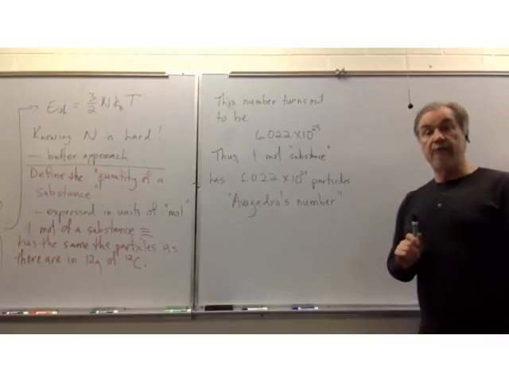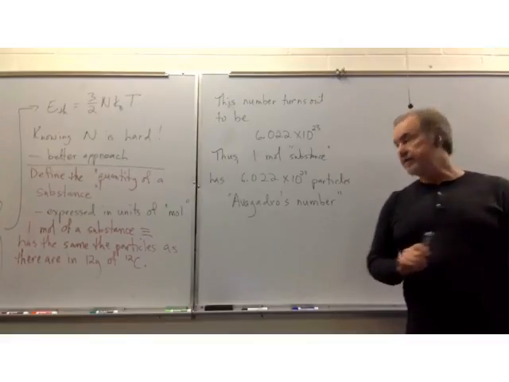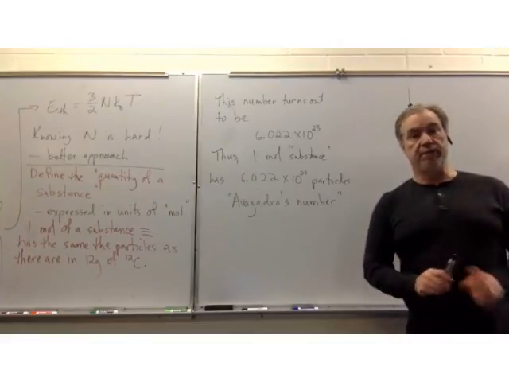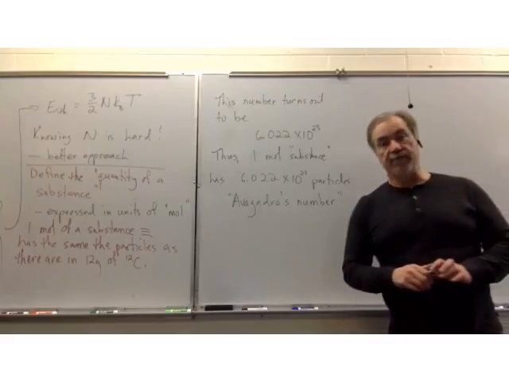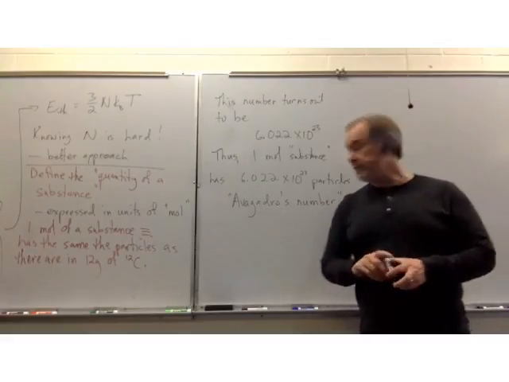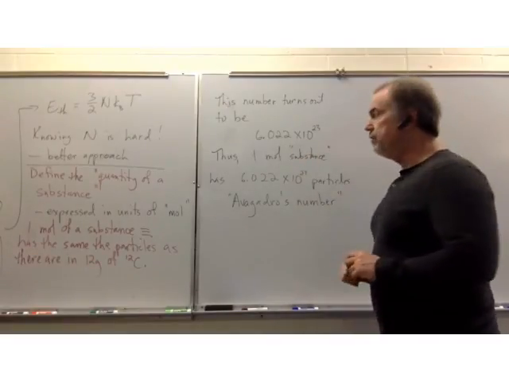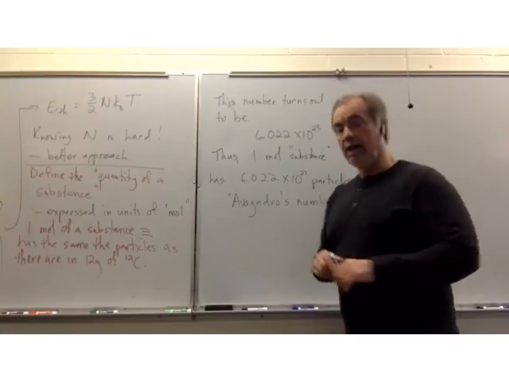He did not himself actually determine what that number was. It was left for the French physicist Jean Perrin some years later to actually determine the value of Avogadro's number, and for that and related work, Perrin got the Nobel Prize in Physics. So yay for him. Okay, so that's Avogadro's number, and so we will find this useful.